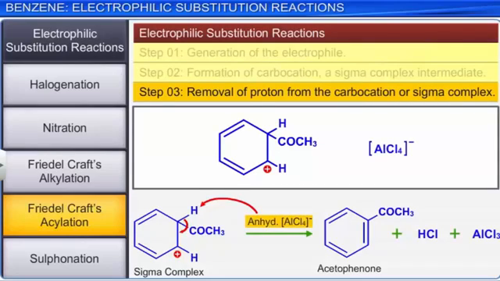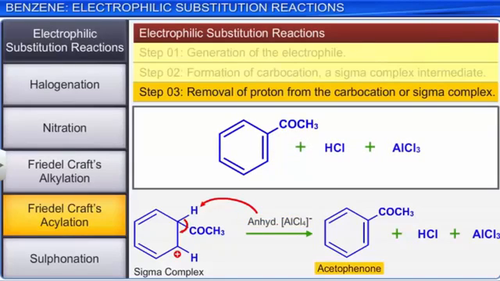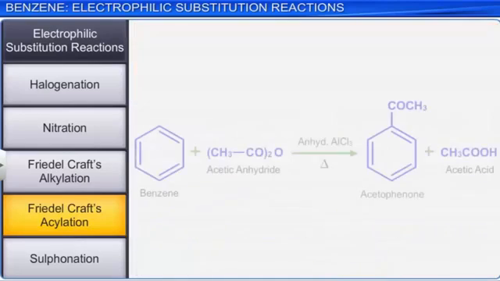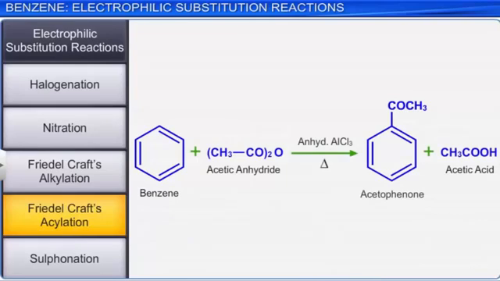This results in the formation of acetophenone. Similarly, benzene reacts with acetic anhydride in the presence of anhydrous aluminium chloride and forms acetophenone and acetic acid.